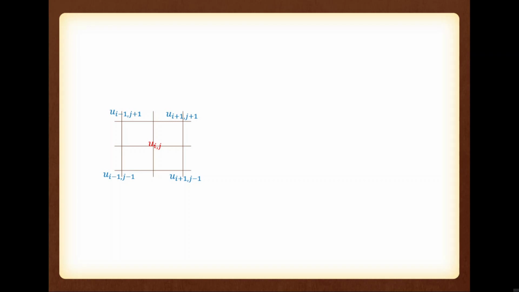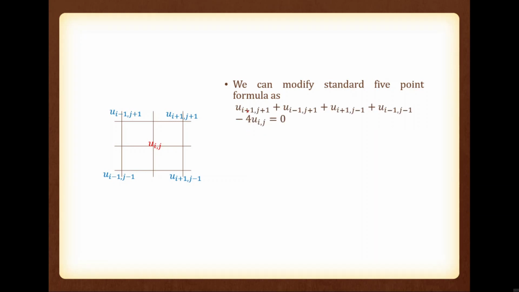Means we can take the average of the diagonal points also. Okay. So we can modify the standard 5-point formula that we discussed in the previous slide. We can modify it as ui plus 1 comma j plus 1, this one, plus ui minus 1 comma j plus 1, this one, plus ui plus 1 comma j minus 1, this one, plus ui minus 1 comma j minus 1, this one, minus 4 into ui comma j, that is equal to 0.